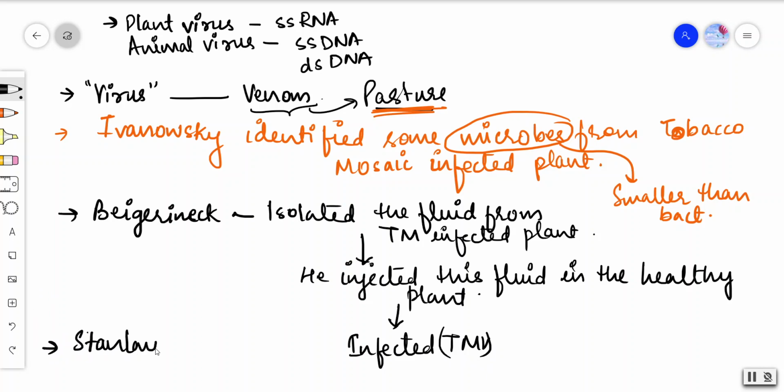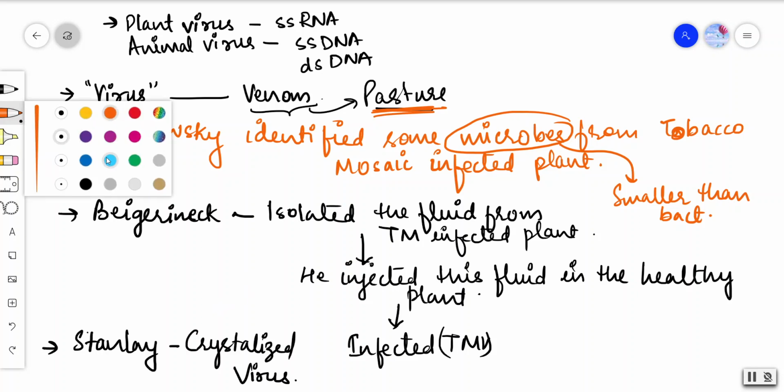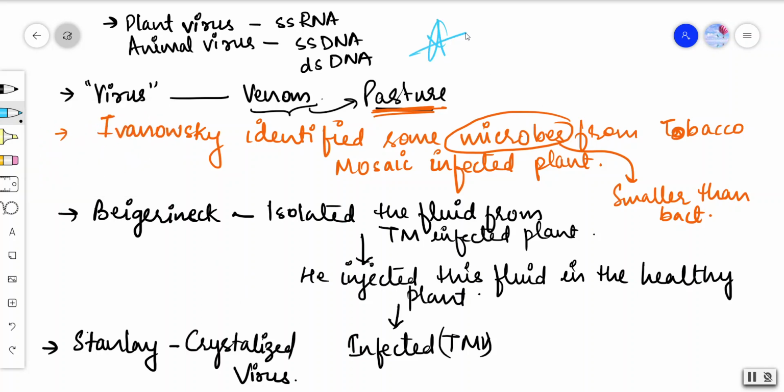And after that, Stanley crystallized the virus to study them more. Okay, this is a brief set of important points about the virus, and among them the most important I'm going to write now. These viruses are obligate parasites.